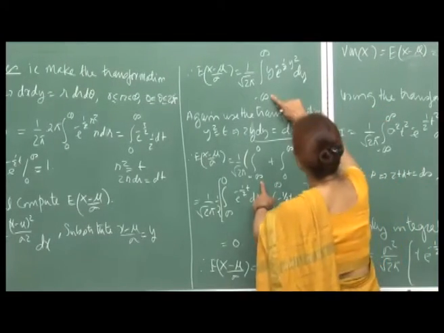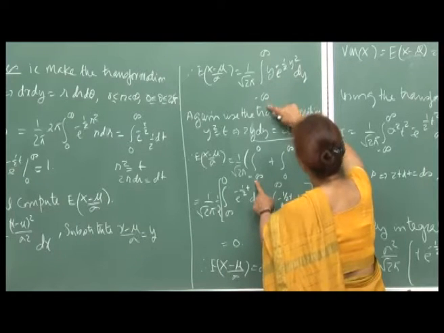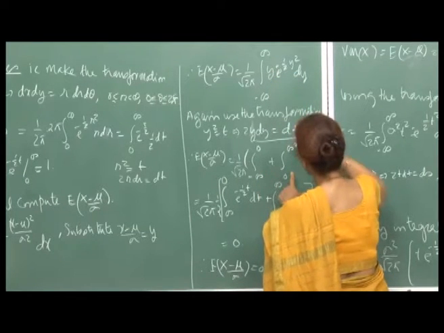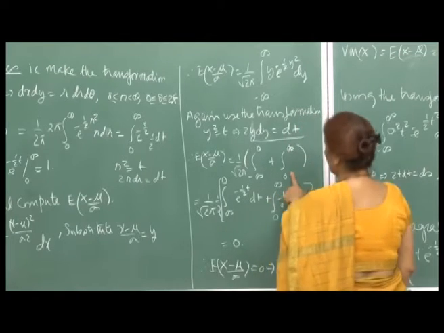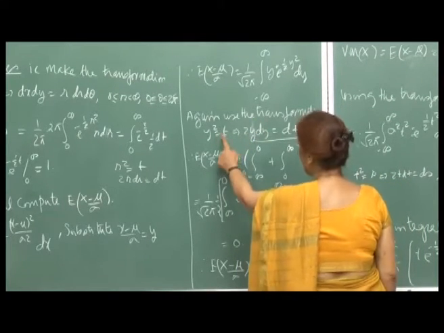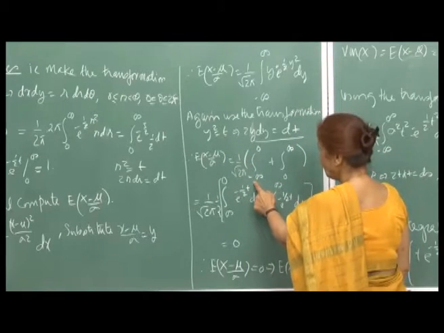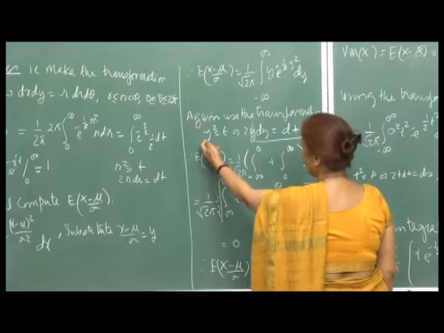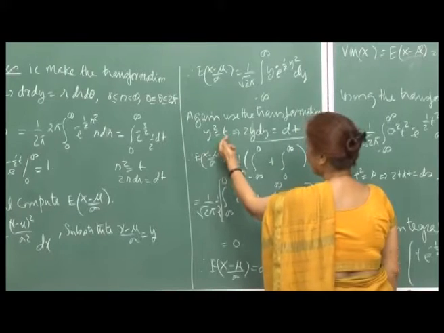So, what I am doing is breaking up this integral from minus infinity to 0 plus 0 to infinity. And then when you make the transformation that y square is t, this becomes plus infinity, because when y is minus infinity, the square will be plus infinity.